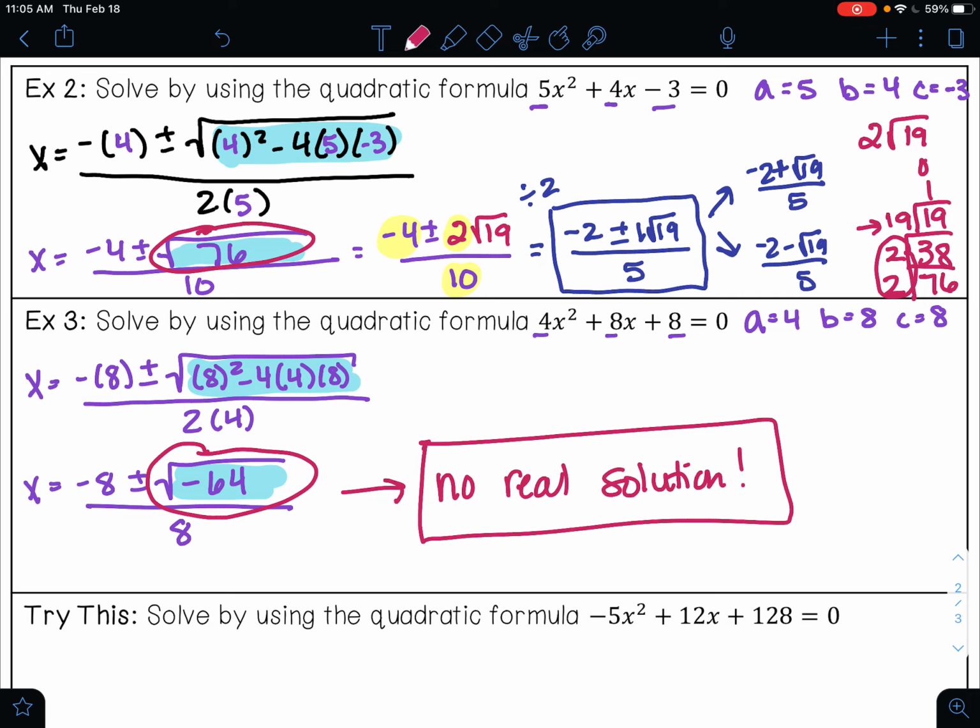And that is because the square root of -64 is actually an imaginary number. And you'll learn more about imaginary numbers in another course. So whenever you calculate your discriminant and it is negative, there's nothing else you need to do except to say the answer is no real solution.